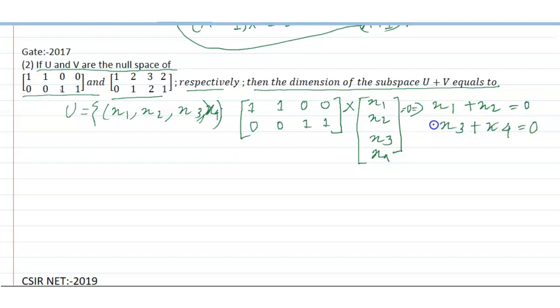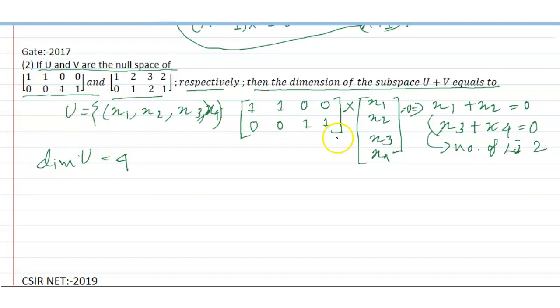So the number of linearly independent equations is 2. So the dimension of u is equal to n, where n is equal to 4, the number of columns.